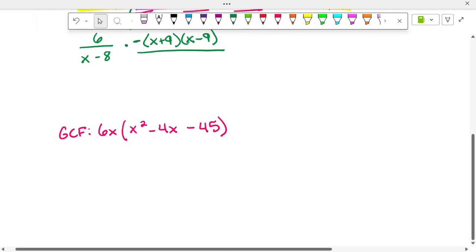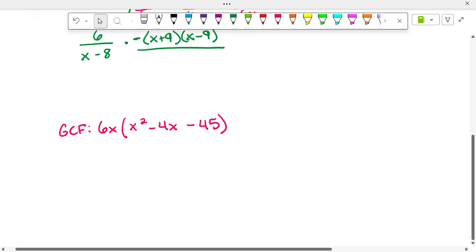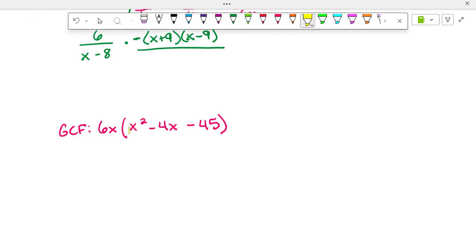All right. Now, the reason you always look for a GCF first is because now we have a very simple trinomial to factor now. So instead of having an a value that's greater than 1, we have one that is 1. So what do I do next? So to factor that trinomial, what do I do next?